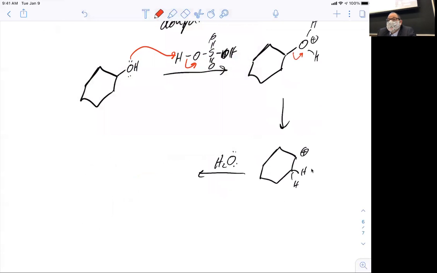Now we could show the sulfonate anion here, but again, the water is the better base in this case. So we'll show the water since we just created it. We pull off a beta hydrogen. Giving us the double bond.